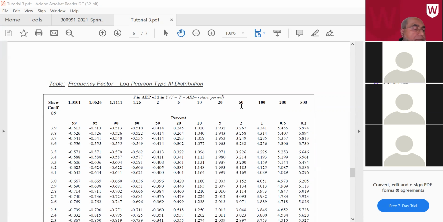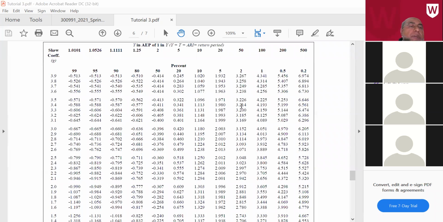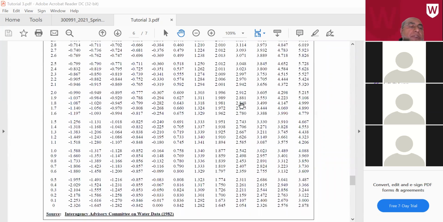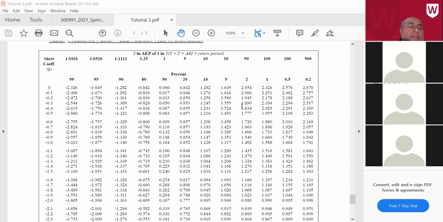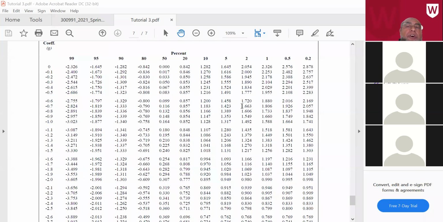Minus 1.21022. So we have to find the minus skew. So we have to go to the next page, which is for plus skew, and this is the minus skew. So our skew coefficient is minus 1.21022, so minus 1.21.